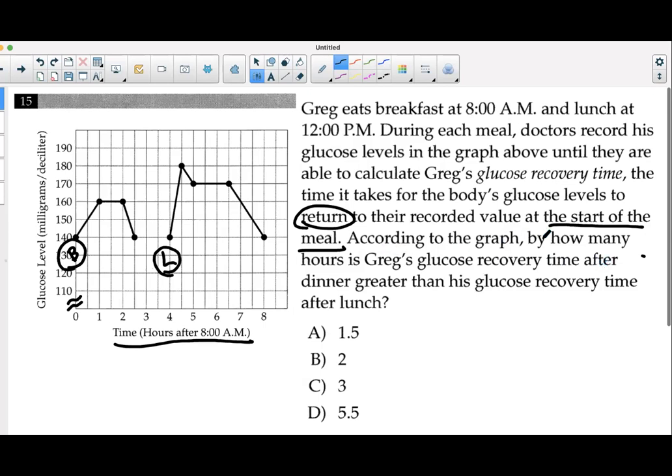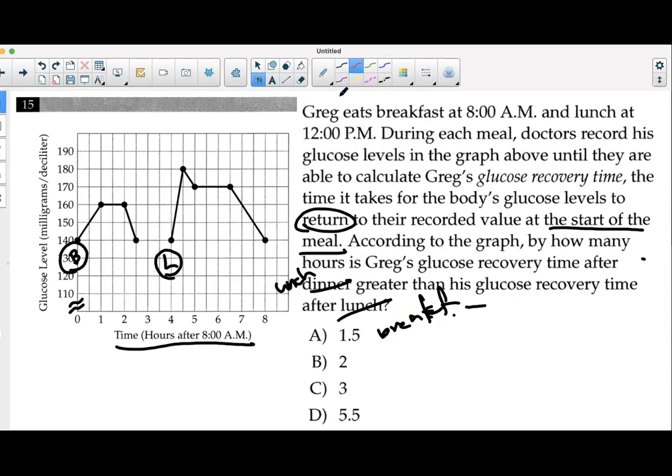So by how many hours is Greg's glucose recovery time after lunch greater than his recovery time after breakfast? That's basically what they're assuming. If that is the case, then we can read it off from the graphs here.